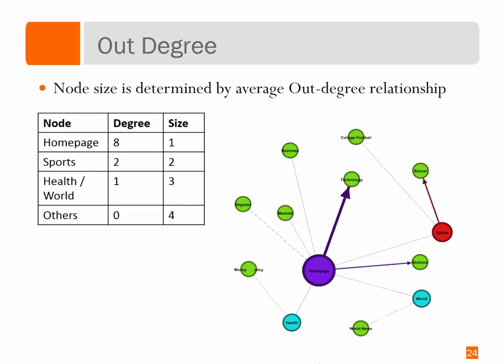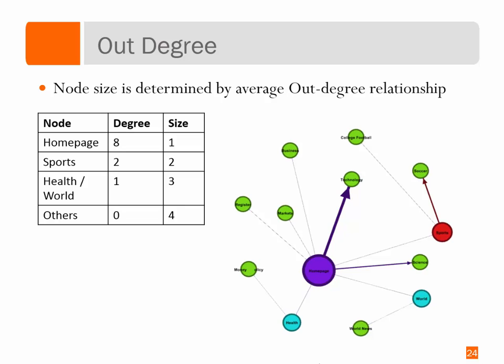So it has 8 different relationships to other nodes that it provides information to. So we assign it a size of 1 because it's sort of the hub. It's the most important. Then for sports, it has 2 different nodes that it feeds, soccer and college football, and so we give it a size of 2.